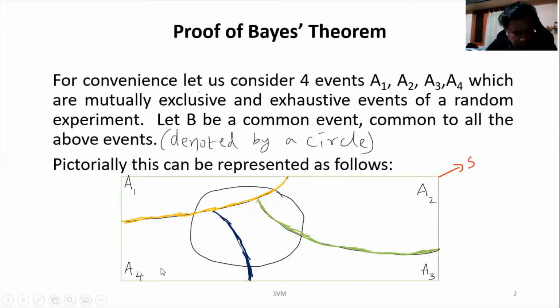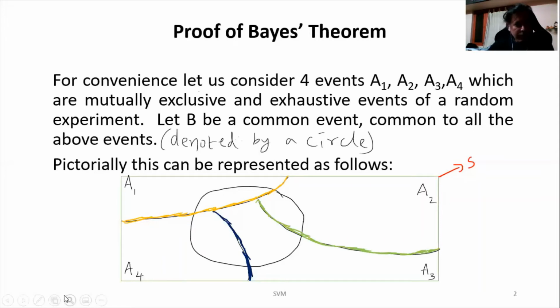That means the balance portion is our A3. So we may note that all these are disjoint. A1 is nowhere intersecting with A2 or A3 or A4. Similarly, A2 is nowhere intersecting with the other 3 events. Similarly, A4 is not intersecting with any of the other events. So naturally, A3 also is not intersecting with any of these other 3 events.